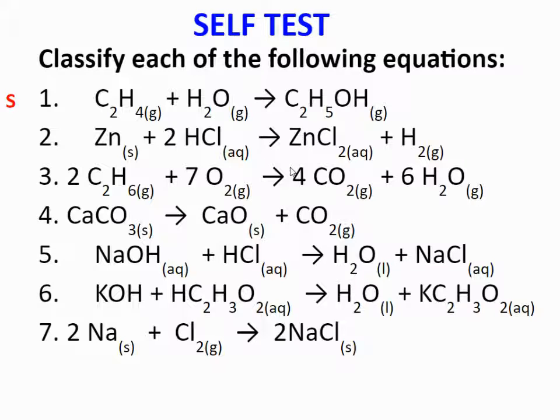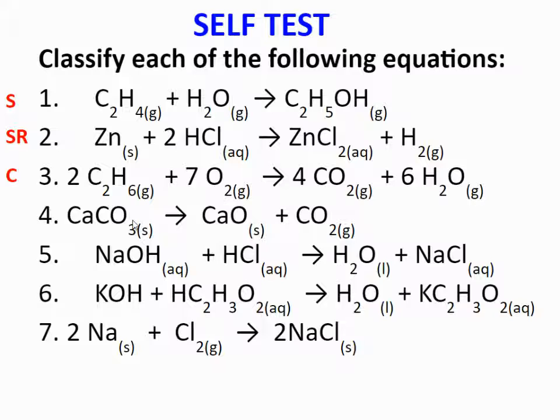So remember, as long as we have element, compound on each side, that's going to be our single replacement. Now, hydrocarbon, oxygen on the reactant side. And on the product side, you have CO2, carbon dioxide, and H2O, dihydrogen monoxide or water. So the combination of the two gives us our combustion.